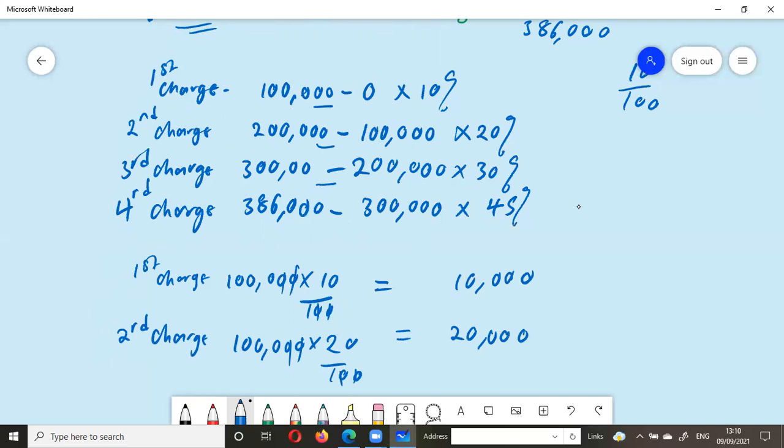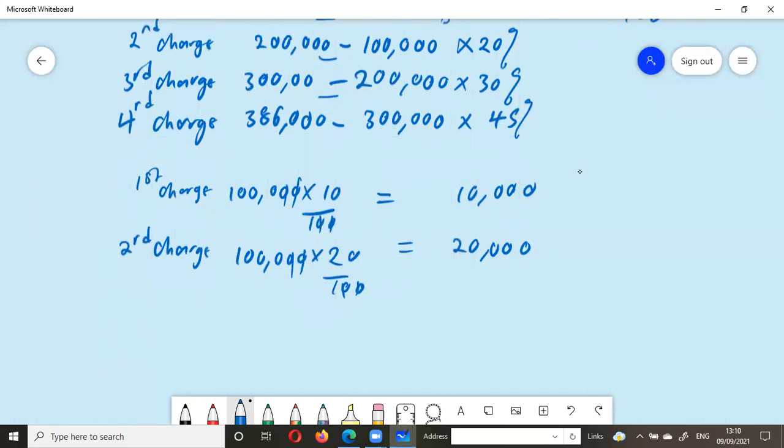So the money is increasing. The more you earn, the more they charge you. The third charge will be 30%: the difference of 100,000 times 30 out of 100. This cancels, giving us 30,000. Now the fourth charge.